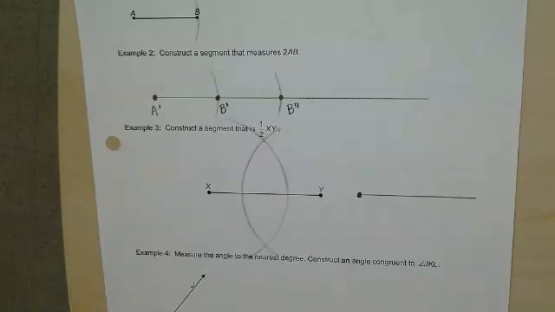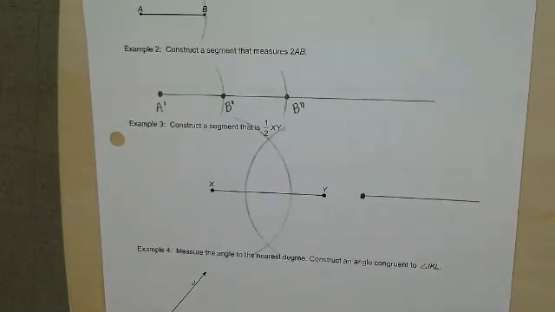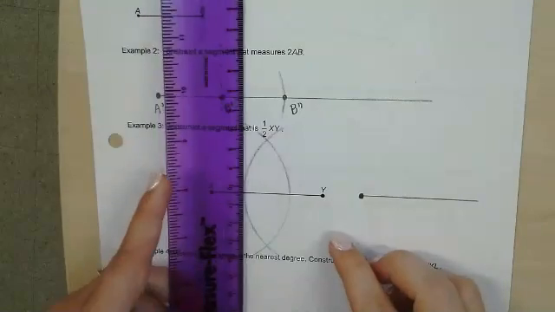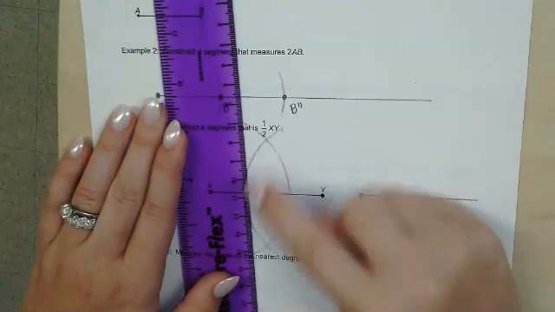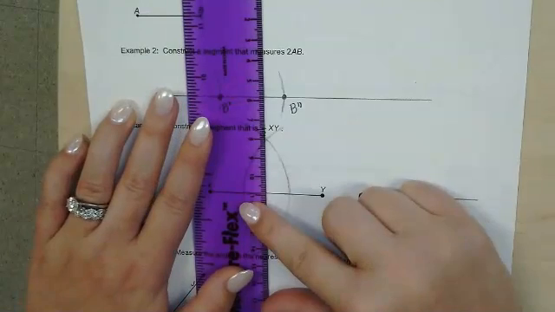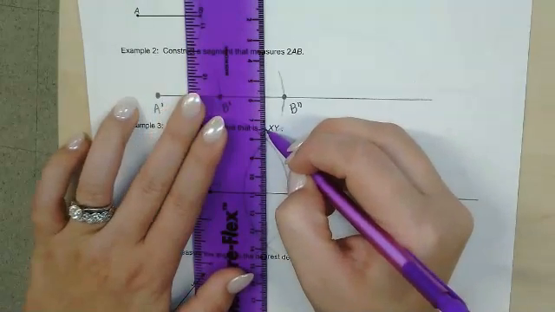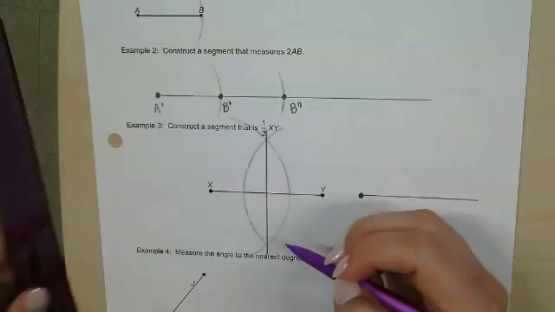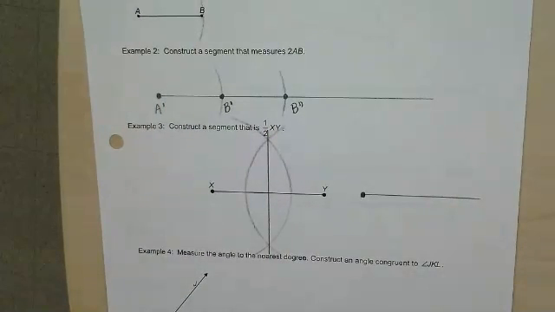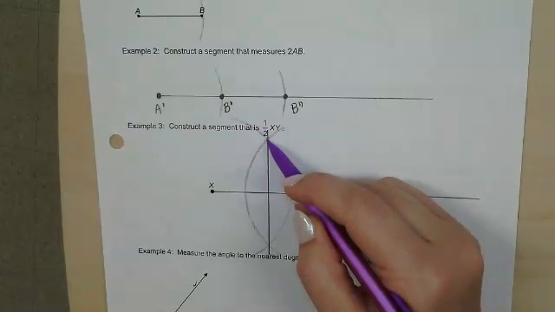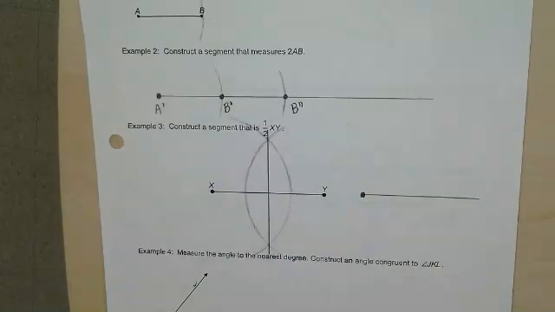Okay. All right. So now you are going to take your straight edge and put it along the intersection points up here and down here. And then take your pencil and draw a straight line that goes through the two intersection points. So it goes through where they intersected up here and where they intersected down here.